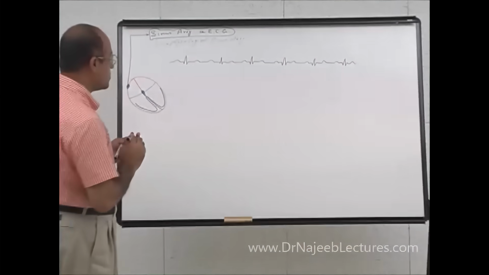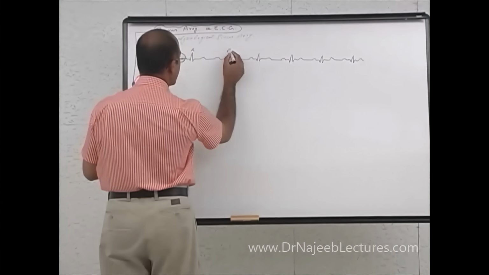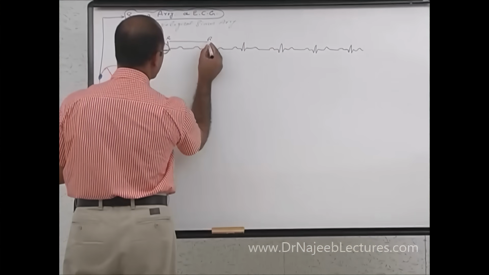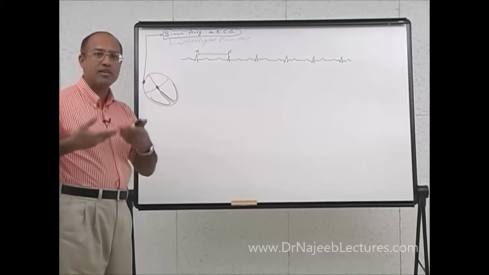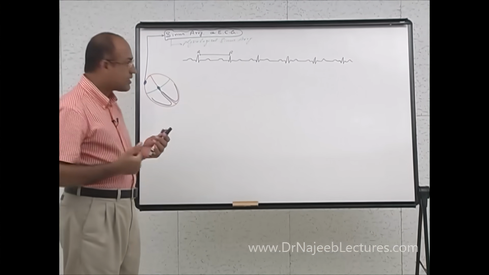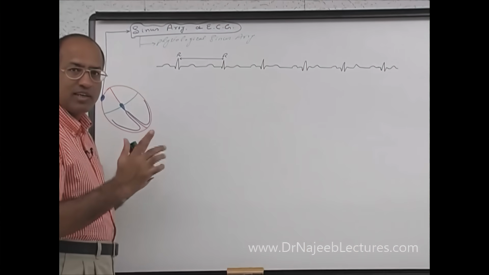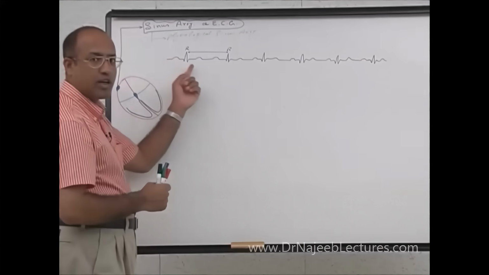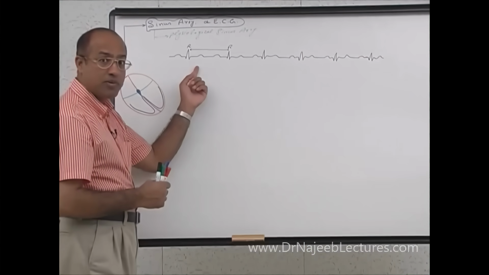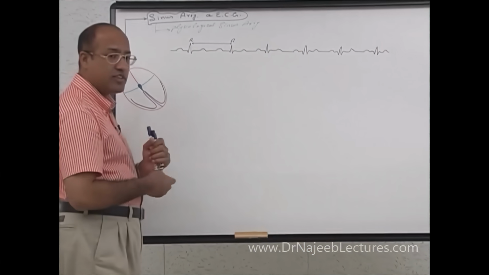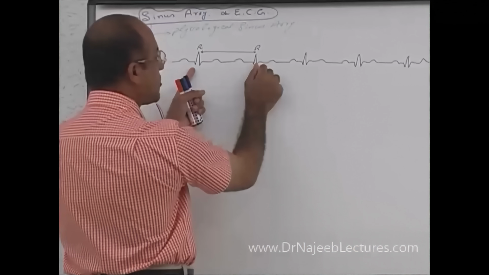What I really want to tell you is that during inspiration, this is an R wave, this is also an R wave, and this distance is called the R to R distance. Now, during inspiration heart rate goes up. It means during inspiration R to R distance will decrease. In a given time, there will be more P waves and more QRS complexes. So in a normal person's ECG recorded during inspiration, R to R distance will decrease.